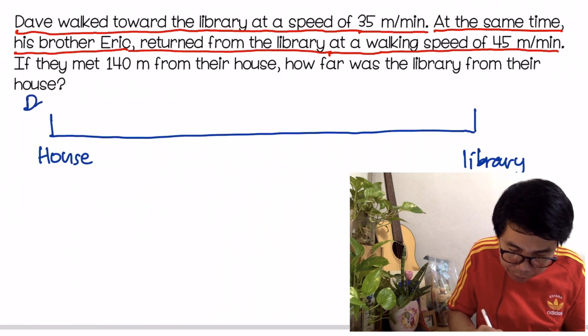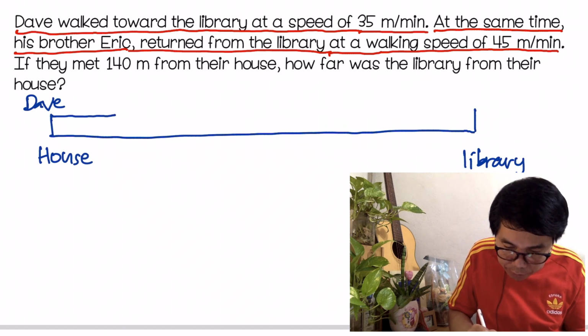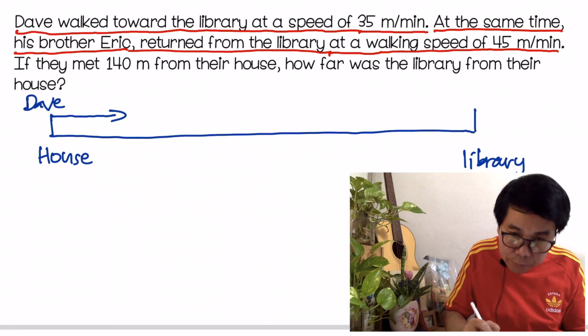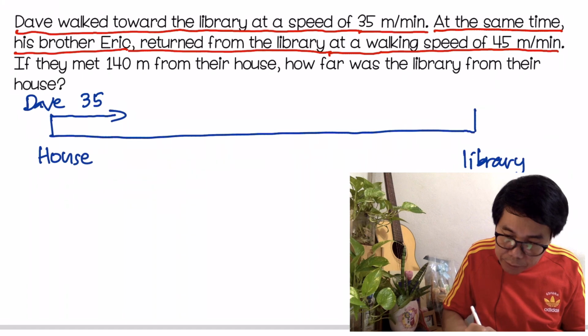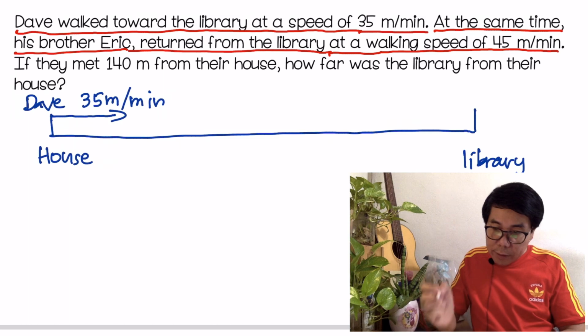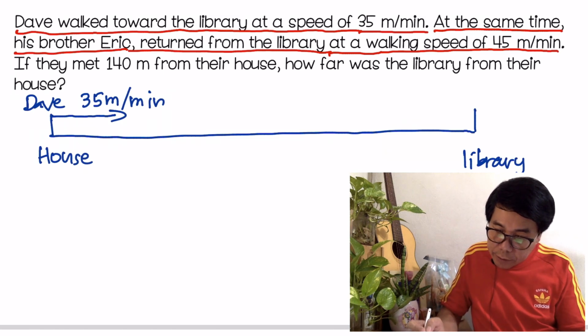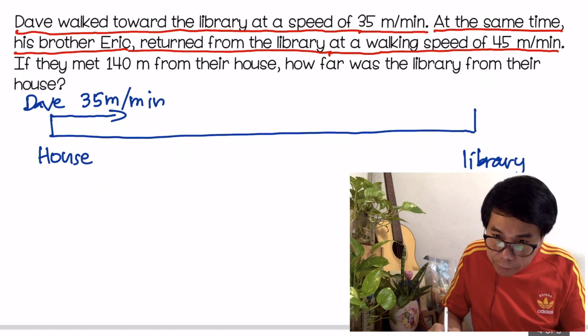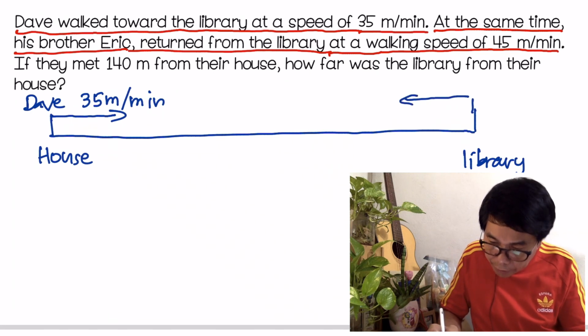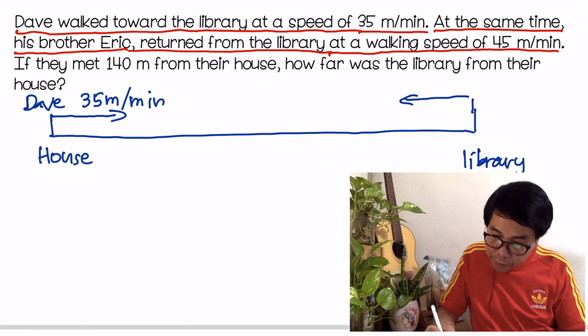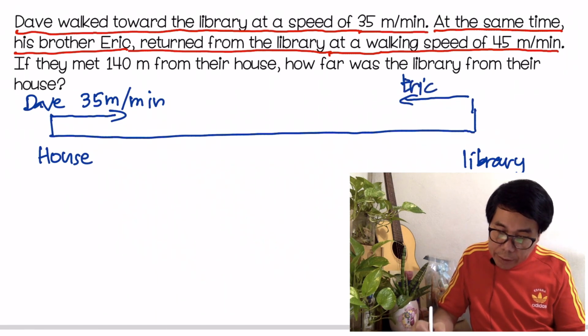So here is Dave, walking in this direction at a speed of 35 meters per minute, while his brother Eric is going back to their house from the library. The direction is going there, and this is Eric, and the speed is 45 meters per minute.